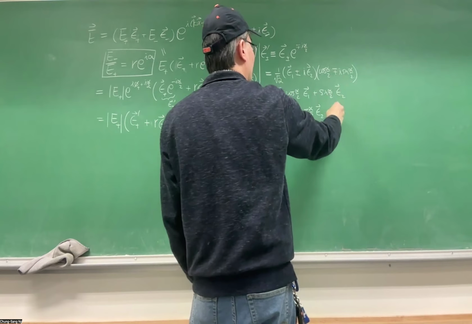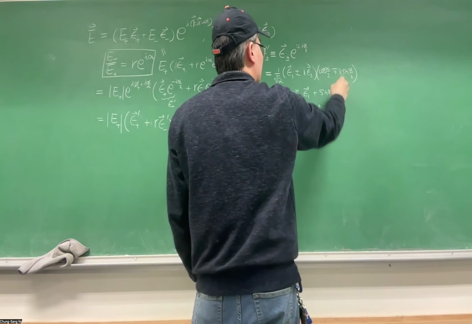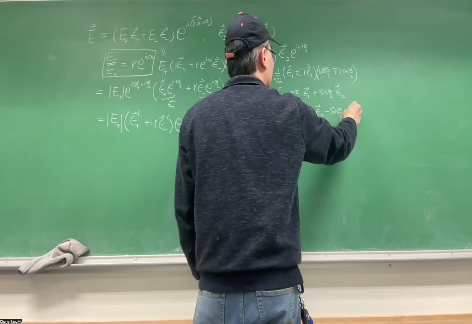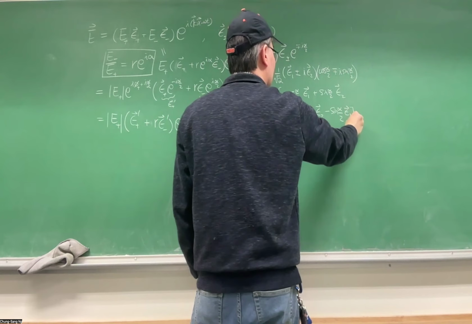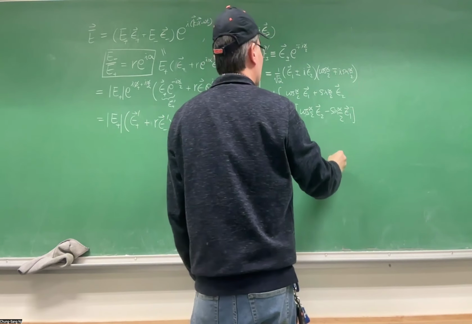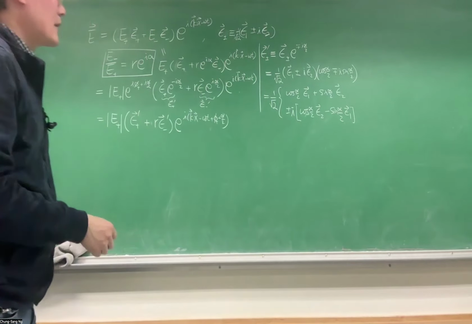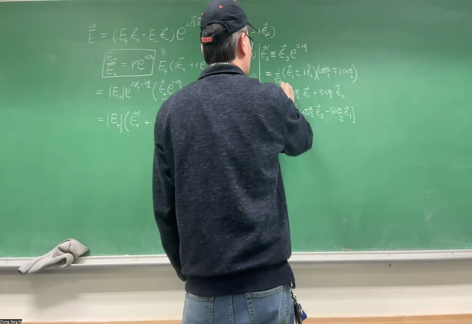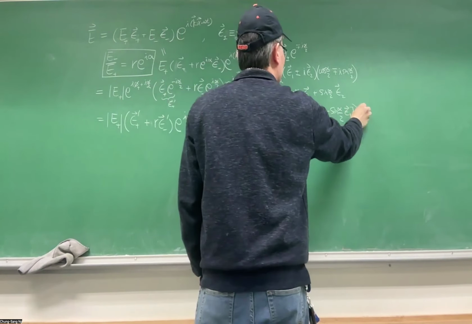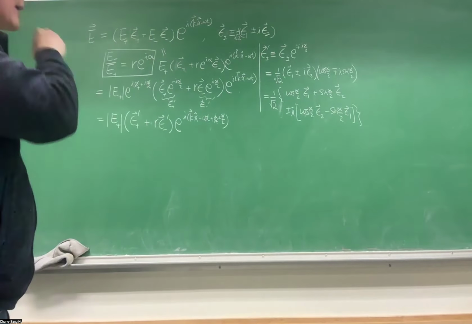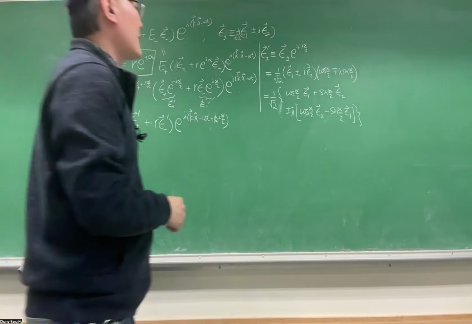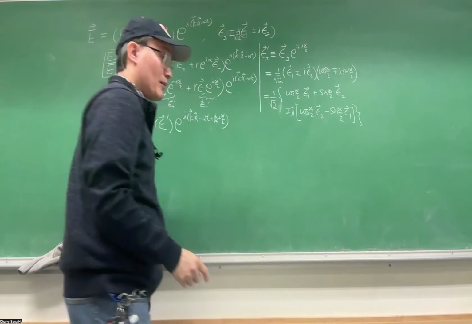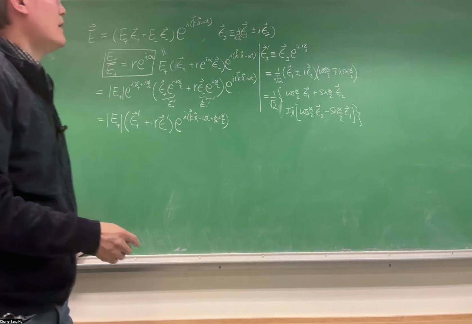And this is minus, so you have a minus sign. 2 times epsilon. Let's just say this stays here. Okay, so this is basically writing out the real and imaginary parts explicitly.